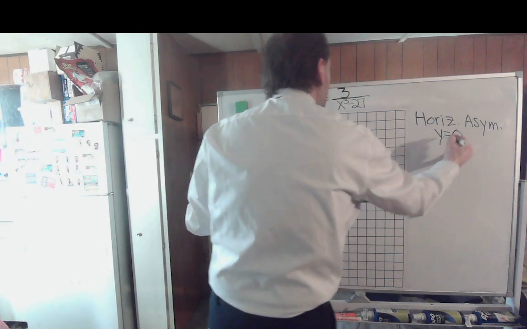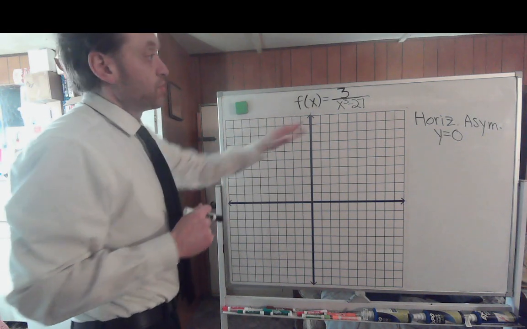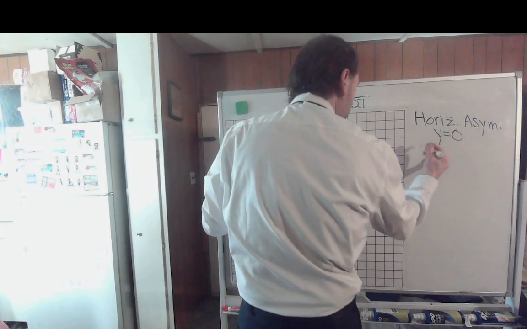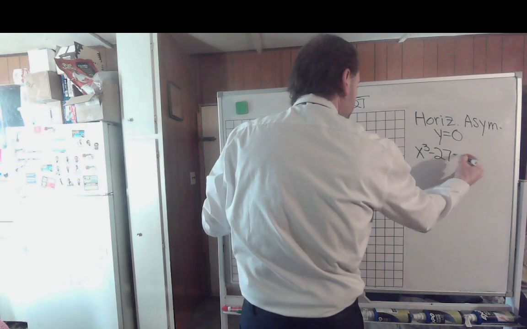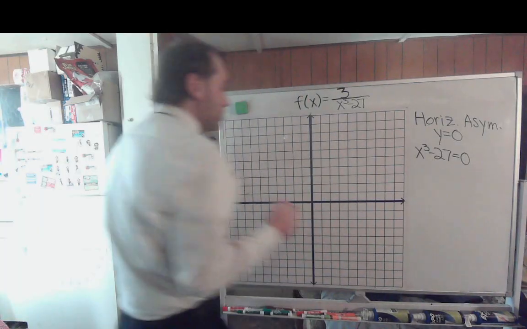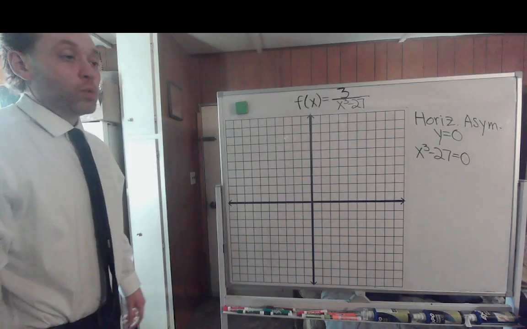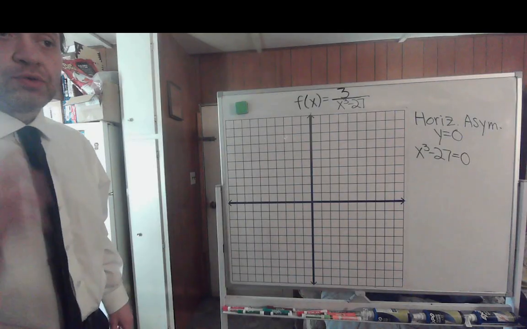Now, what about the vertical asymptote? We have to take x to the third minus 27, set that equal to 0, right? Well, here's the thing. When it comes to graphing, we only care about the real solutions.